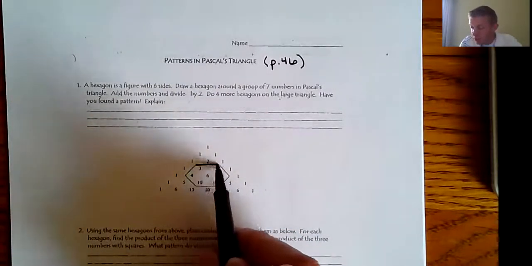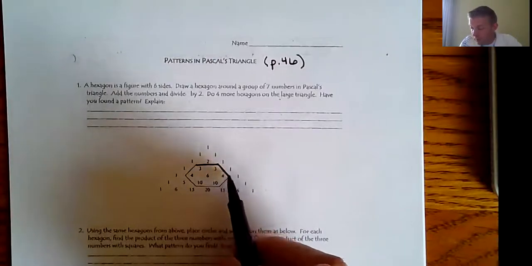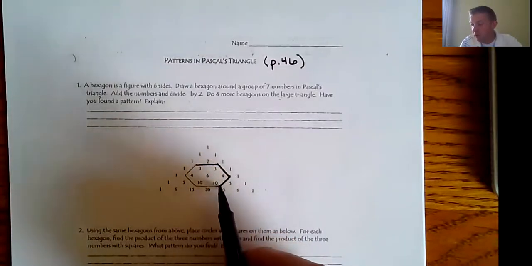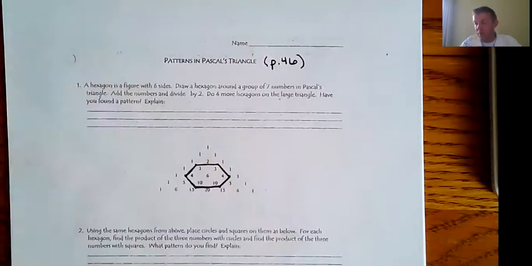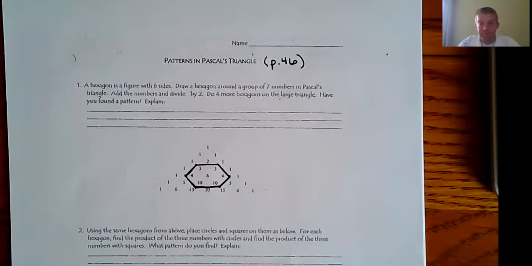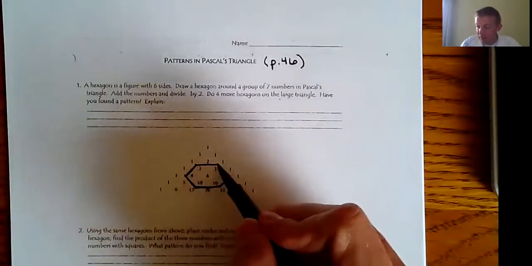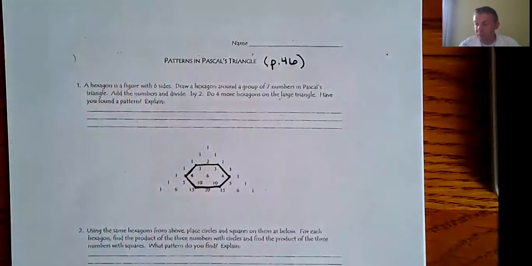So I've got 2 numbers on top, go down 2 numbers, over 2 numbers, 2 numbers on the bottom, go up 2 numbers, over 2 numbers. Okay, so I've got a hexagon. Look at any side, there's kind of 2 numbers adjoining any side. Add the numbers and divide by 2.